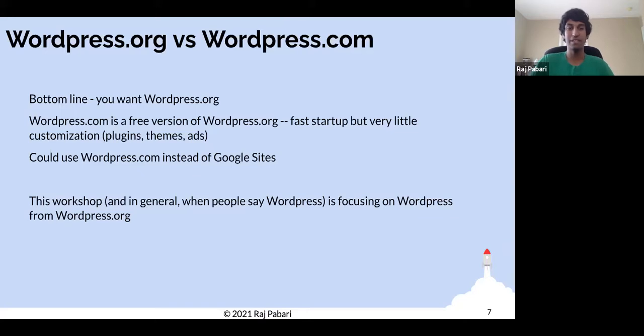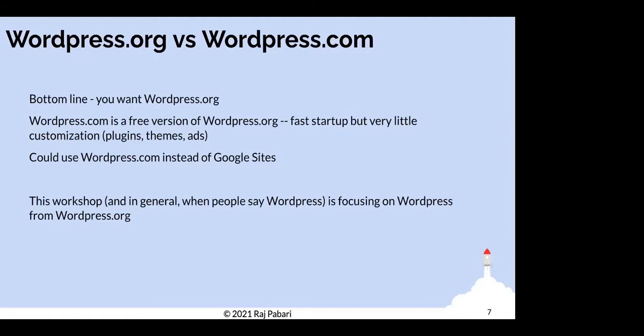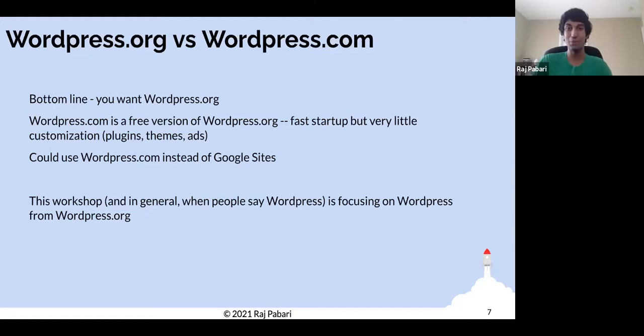Also, WordPress.com shows ads on your website unless you pay a lot of money for it. That's probably not something you want on your website. My recommendation is that if you want to use WordPress.com, because it's a free website builder, you can use that in your initial stage, just like Google Sites. Instead of Google Sites, maybe you want to make a WordPress.com site. Then once you're ready to take a step up, you can use a WordPress.org site.